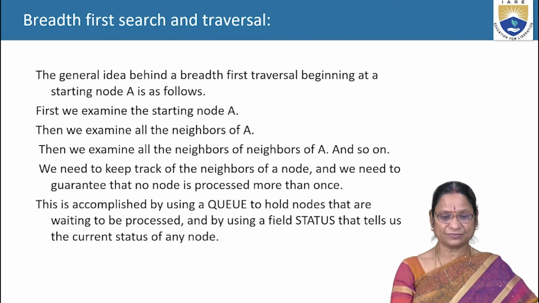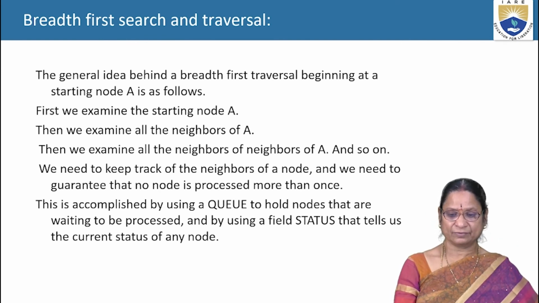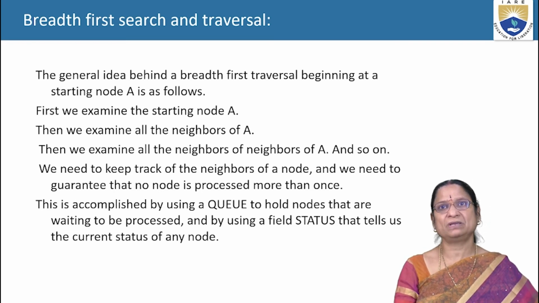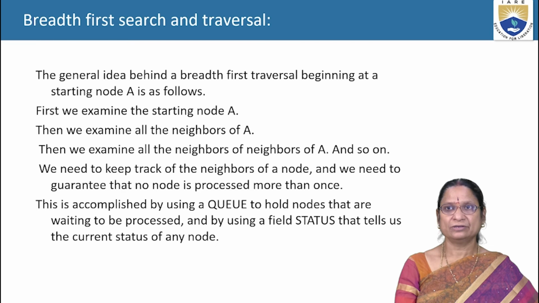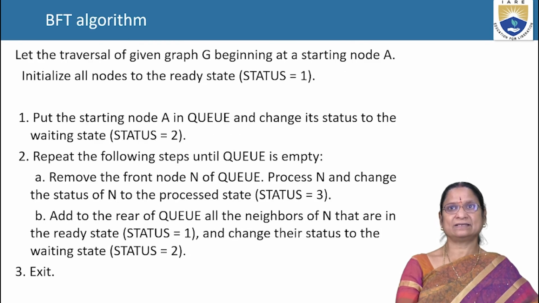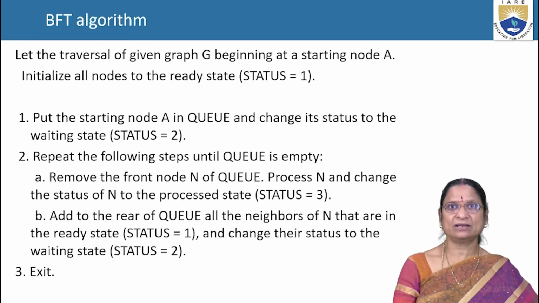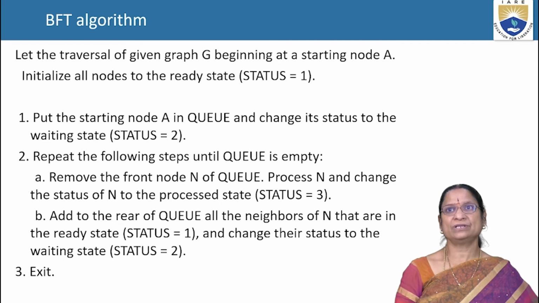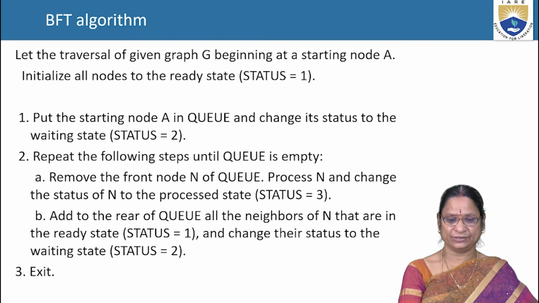So the breadth first traversal algorithm begins at the starting node, examines the starting node, then examines all its neighbors, and then each neighbor is considered. Initially the status is 1. Put the starting node A into the queue and change its status to 2.